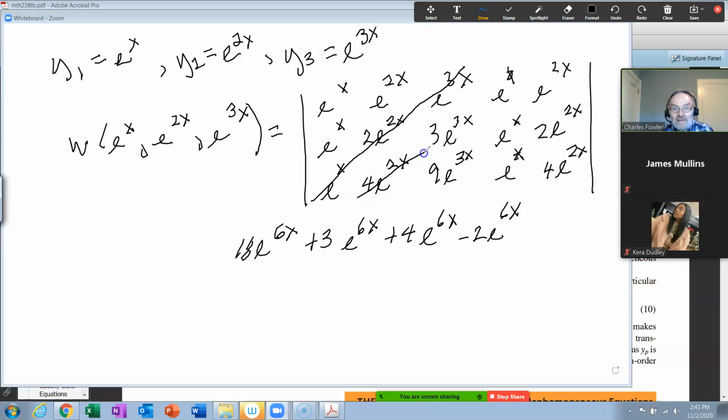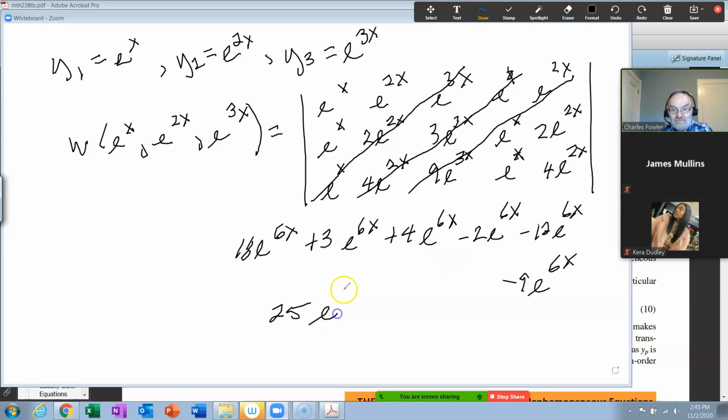The next upper diagonal is a minus 12e to the 6x. Okay, and the third upper diagonal is a minus 9e to the 6x. Okay, so let's add our positives together. 18 and 7, 25 e to the 6x.